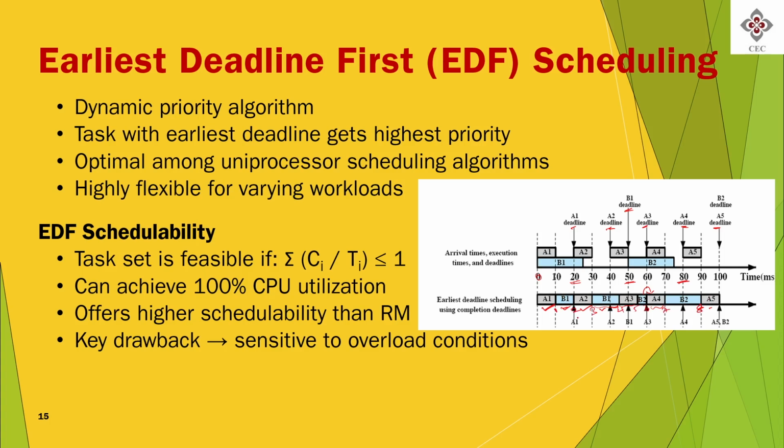So, 8 context switches have occurred throughout this execution, but the CPU is kept fully occupied. A1, B1, A2, B1, A3, B2, A4, B2, A5, all these processes occupied the CPU. That is why we can say it is 100% utilizing the CPU.